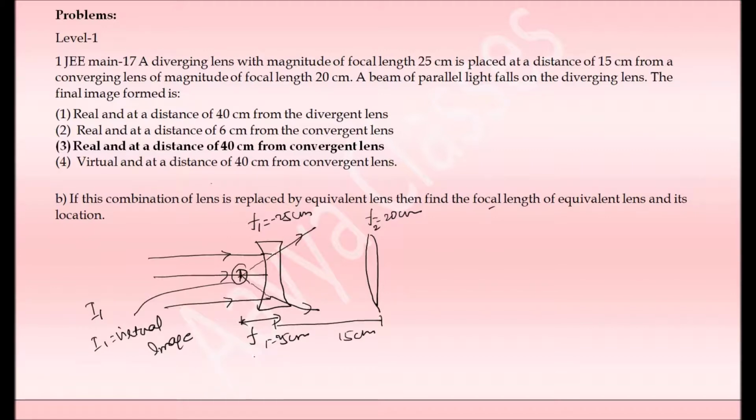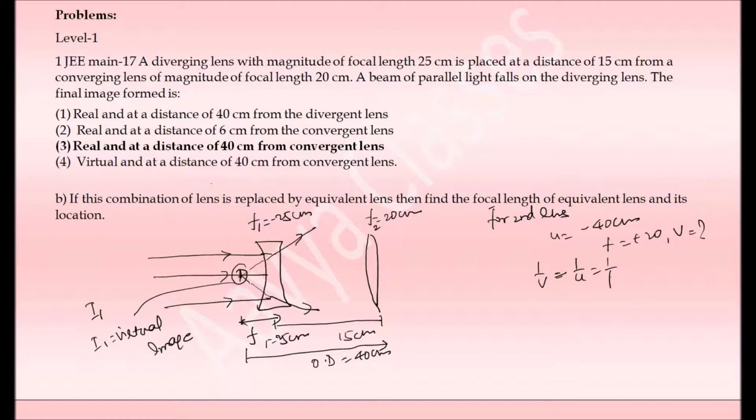Now for the second lens, this is our object distance. The object distance is 15 plus 25, that is 40 centimeter. So for the second lens, which is our converging lens, u is equal to minus 40 centimeter, f is equal to plus 20. We have to calculate v. We apply the formula 1 by v minus 1 by u is equal to 1 by f.